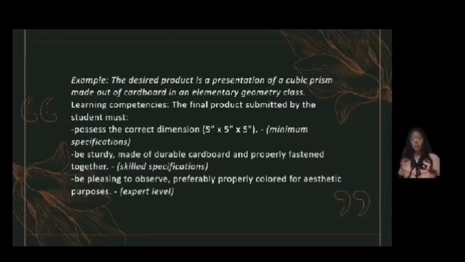Now, if the student passes their final product or final output about the cubic prism, the representation of a cubic prism made up of cardboard in their elementary geometry class, it means that the students really understand what the teacher directed or instructed to them.